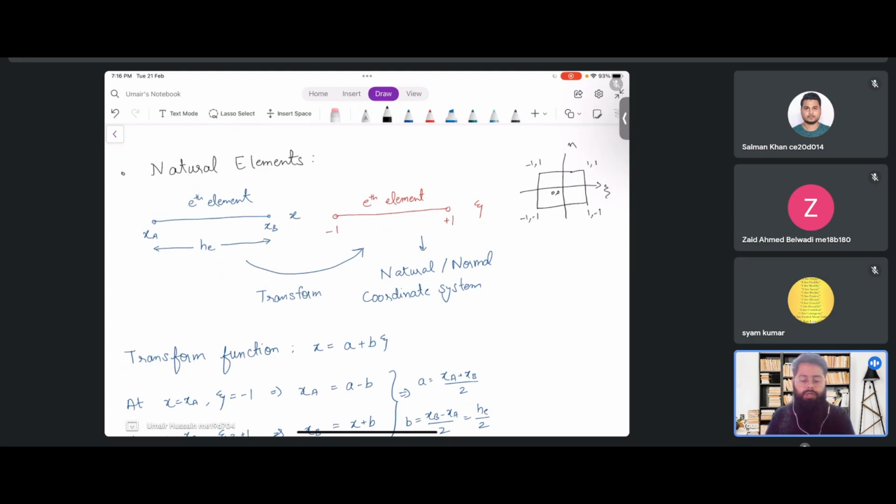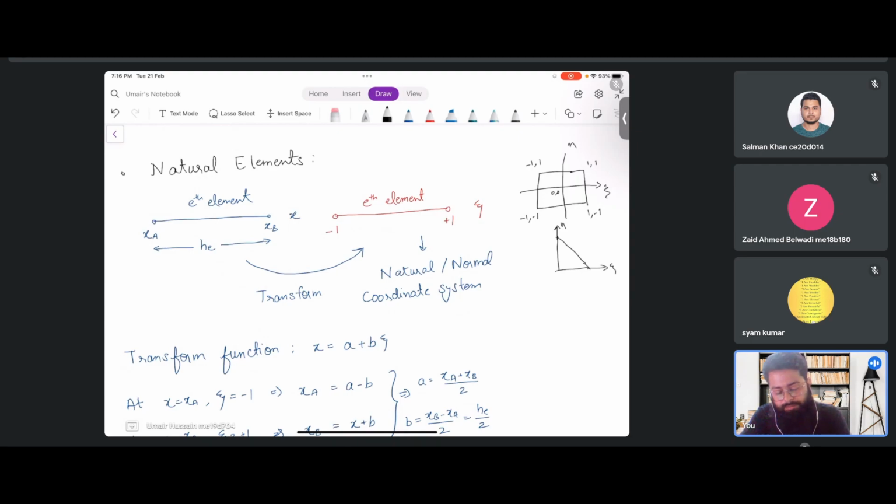So for 2D coordinates, something like that. And for triangular elements, I think mostly we use this type of triangle, the isoparametric triangle. So yeah, for 2D, there are different ways we can do it.